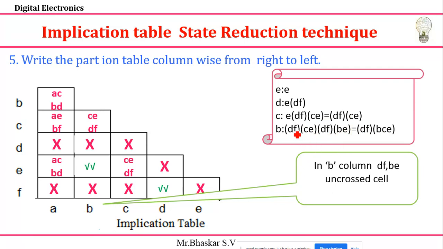Instead of taking DF and DF, I'll take only one DF. Instead of taking CE and BE, I'll take the state BCE, because C and E have a relation and E and B have a relation, meaning BCE definitely has the relations. So BCE I'm going to consider here. Clear? Once you're done, next I'll go for A.